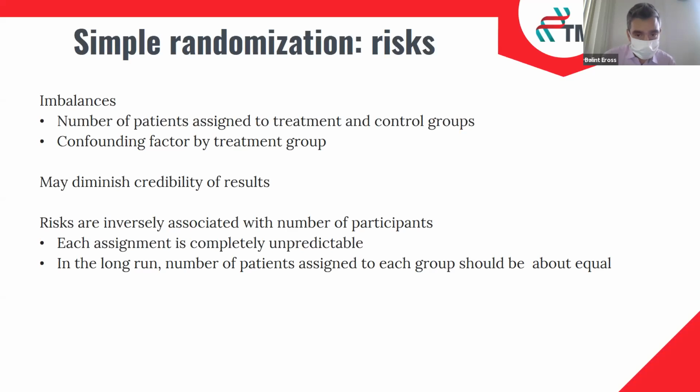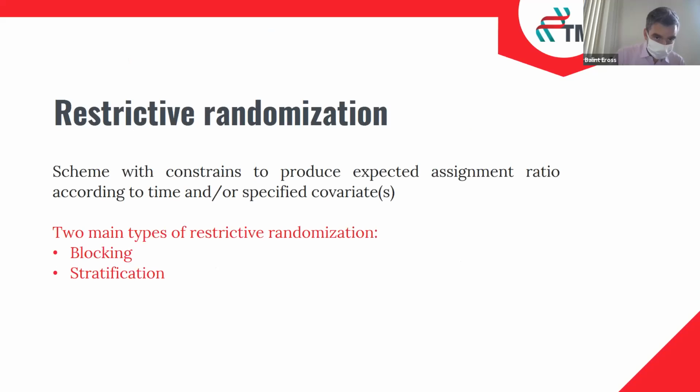And for instance, one of the major confounding factors in a randomized controlled trial is actually the site of the treatment, not the patients' different characteristics. In that case, you have to make sure that in that center, treatment allocation remains as desired, and the patients are randomized like that.